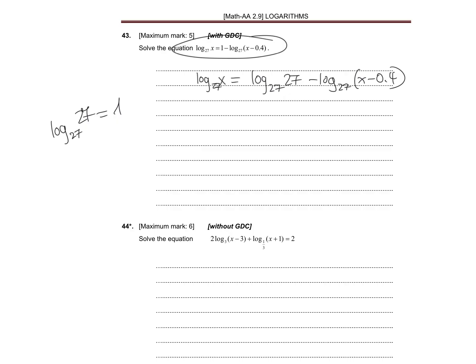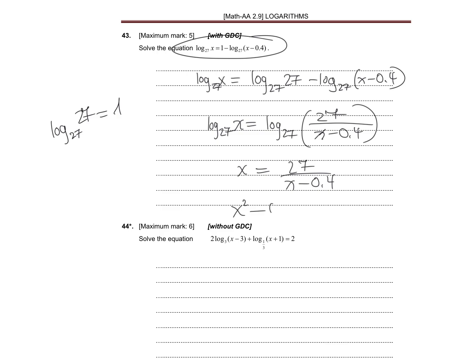But I'm going to get it combined. So we're going to have log base 27 of x. And getting this together, we're going to have 27 divided by x minus 0.4. So x is going to equal 27 over x minus 0.4. It might give you 2 answers, but we'll probably reject one. So we've got x squared minus 0.4x, and then getting the 27 over to equal 0.